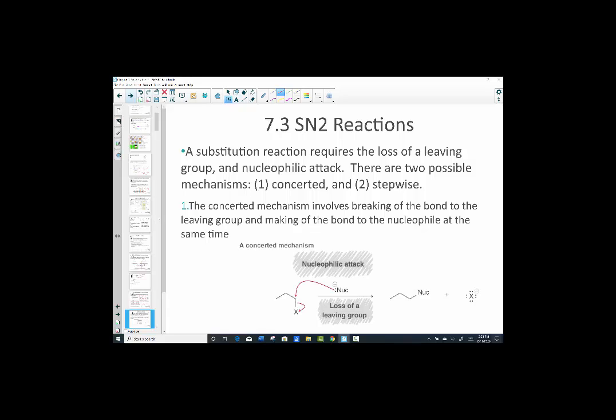Well, let's dive into these nucleophilic substitution reactions. A substitution reaction requires the loss of a leaving group and a nucleophilic attack.